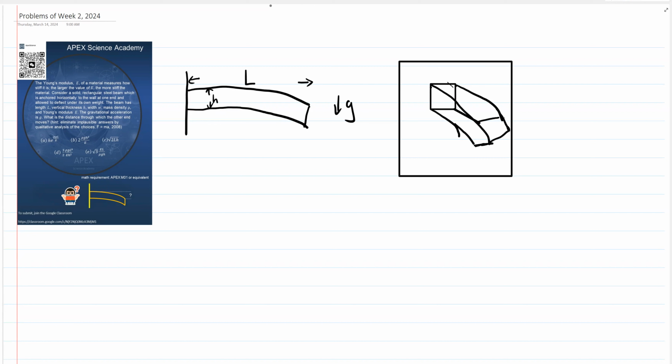This is the beam from the cross section direction, and W is this distance over here. So this is our situation.